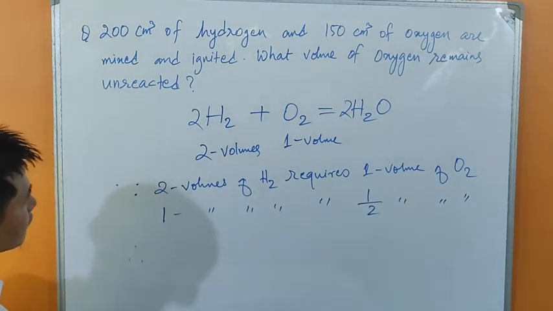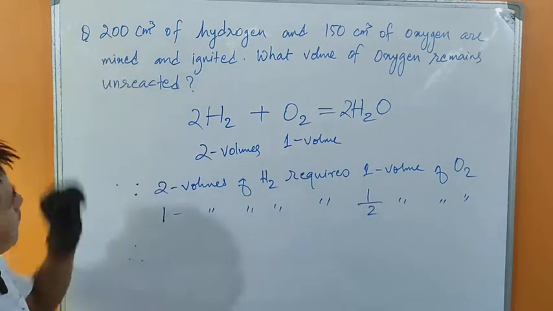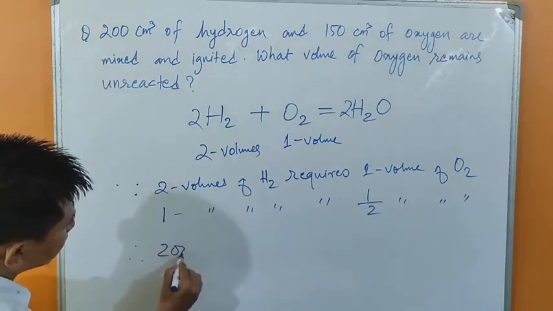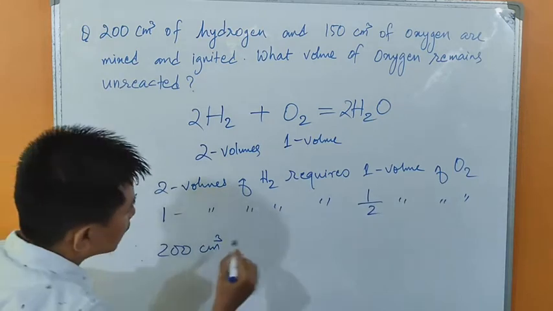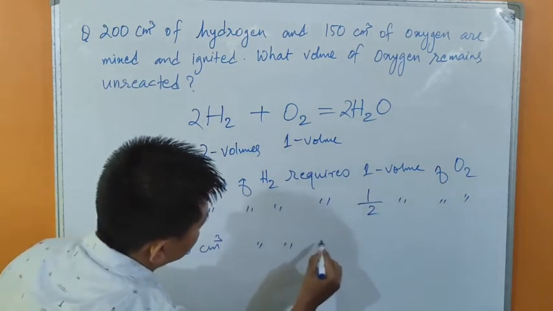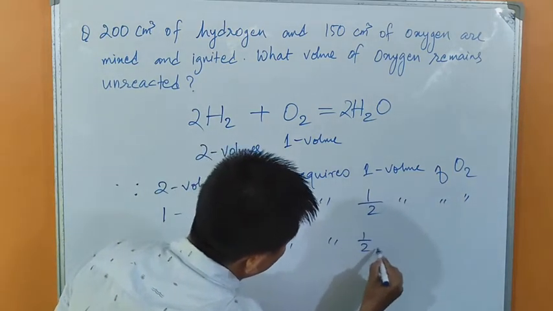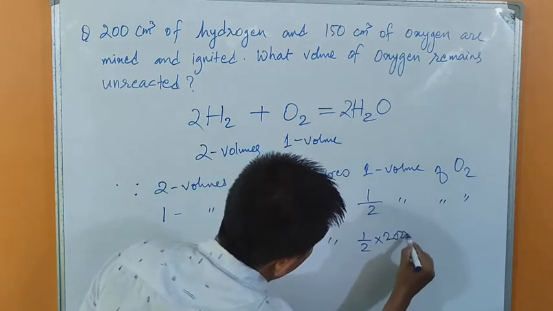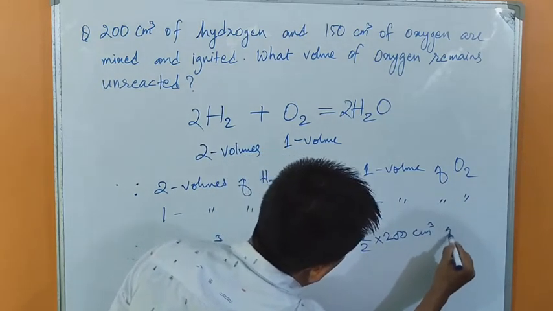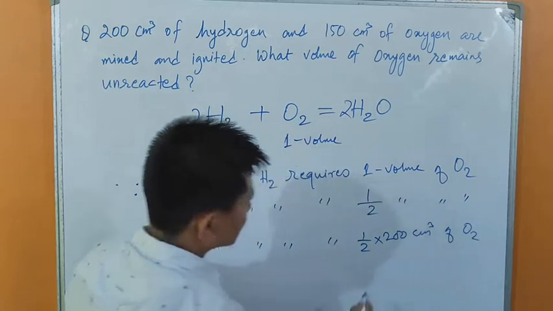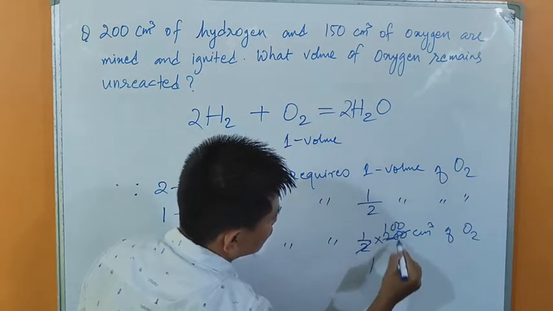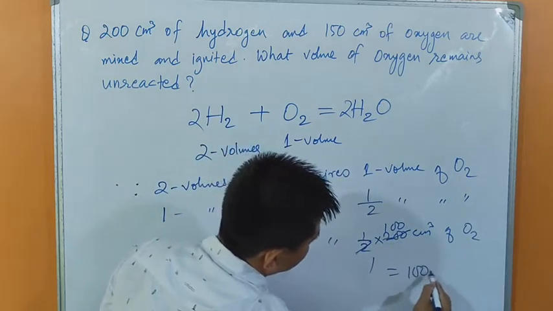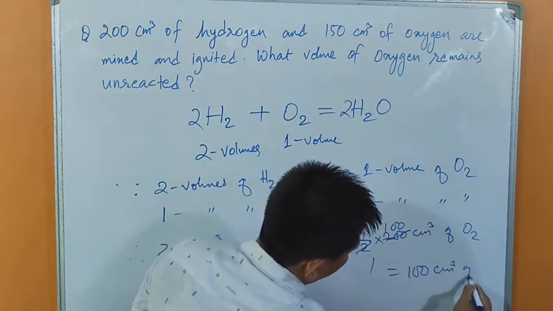Therefore, how much for 200 cm cube? 200 cm cube of hydrogen requires 1 by 2 into 200 cm cube of O2. This is how much? 2 ones are 2, 2 zeros is 0. 100 cm cube of O2.